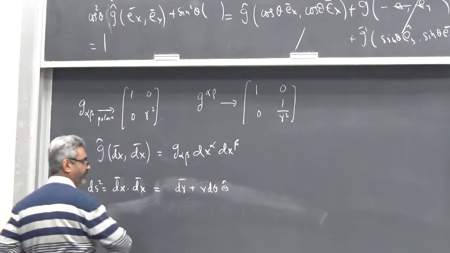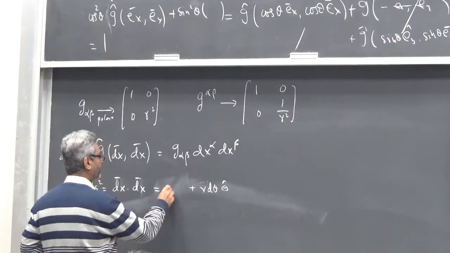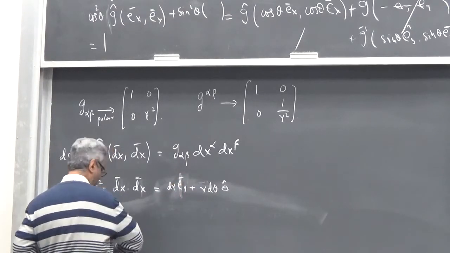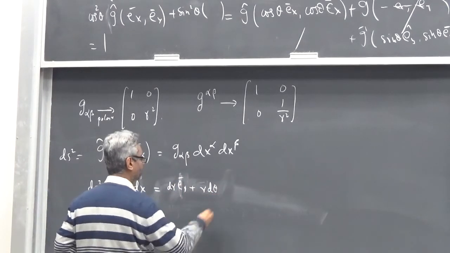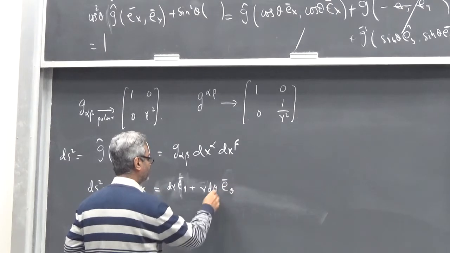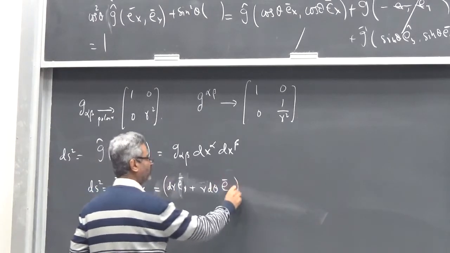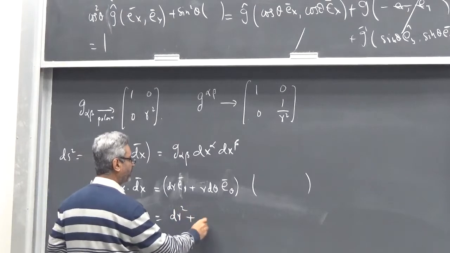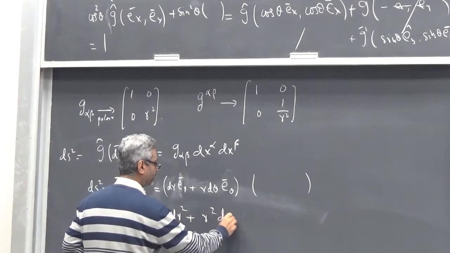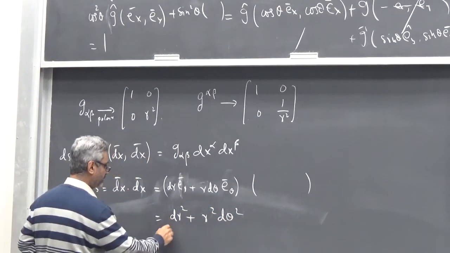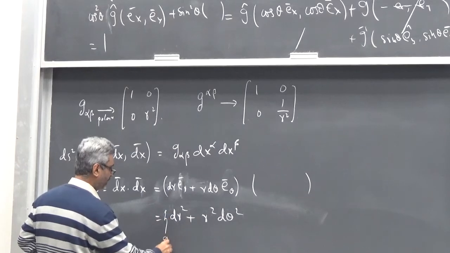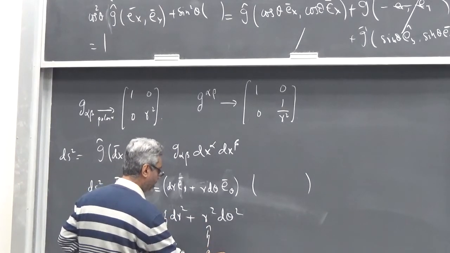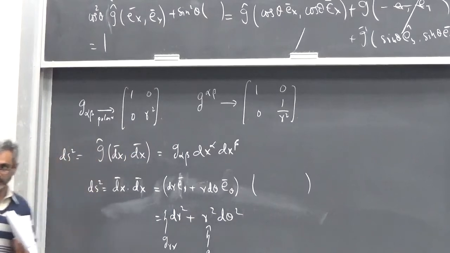Or better write it like this: dr times e_r and r d theta. And so the dot product will give you dr squared plus r squared d theta squared. And so this is G_rr, and this is G theta theta, and G_r theta and G_theta r are 0.